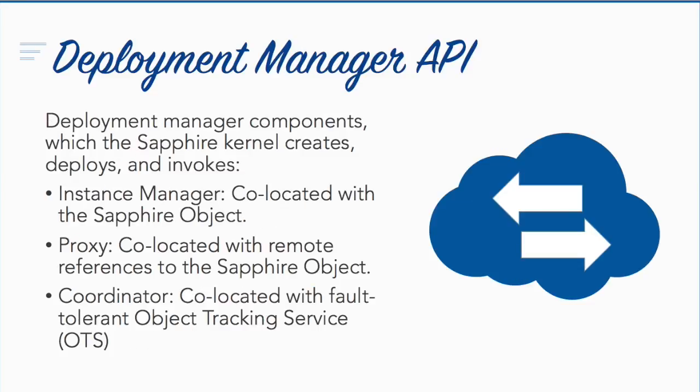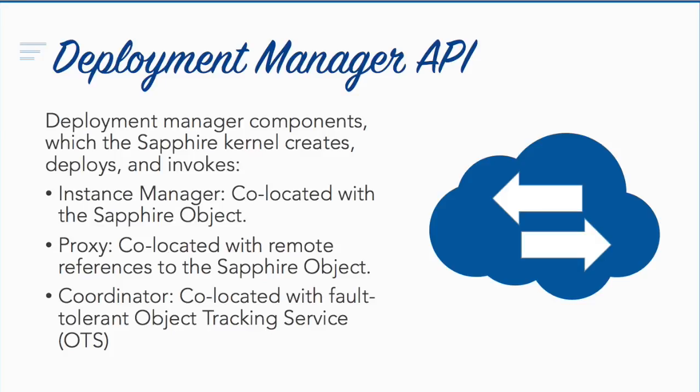So the Deployment Manager API, which I previously mentioned, was designed primarily to have a minimal interface. That was its primary goal, but at the same time to support a great deal for programmers.